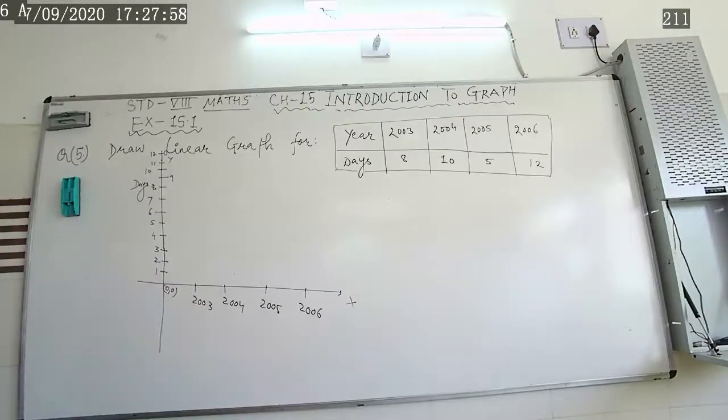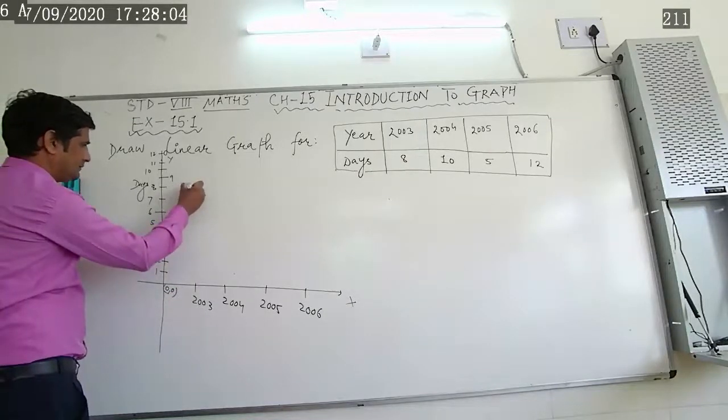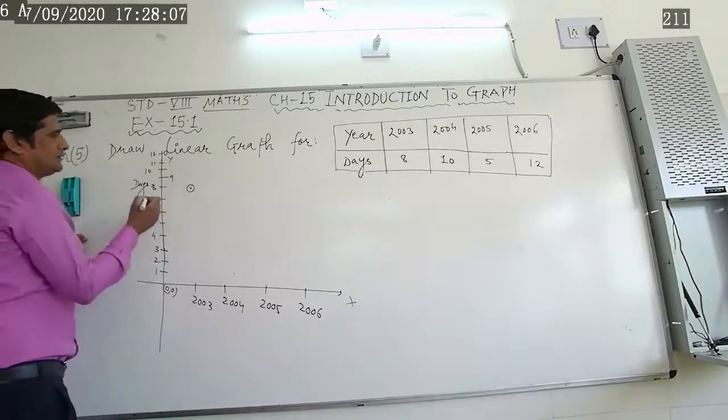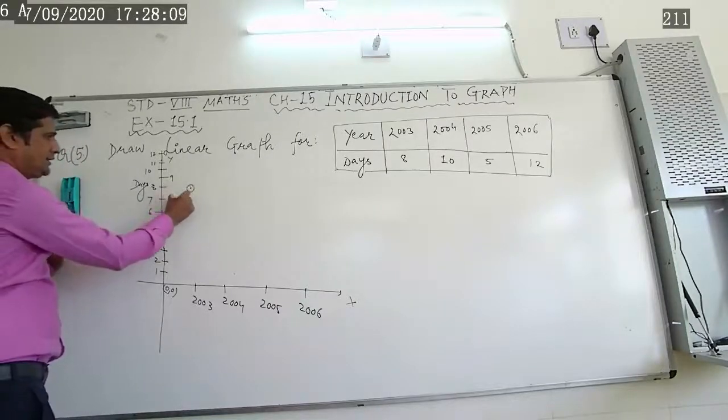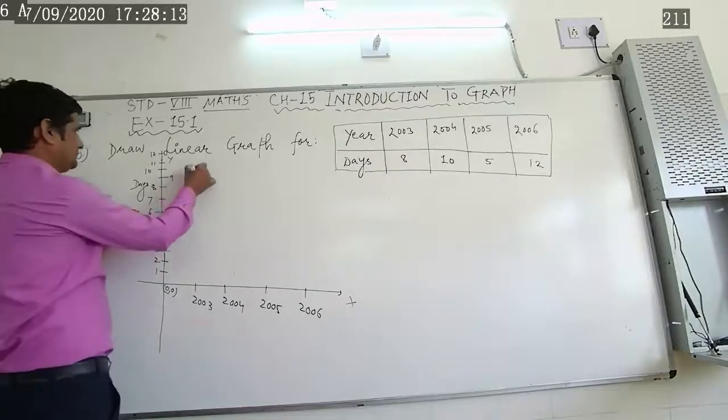The value is going this way. In 2003, which value is coming? 8. I can denote it as point A. 2004, 10.